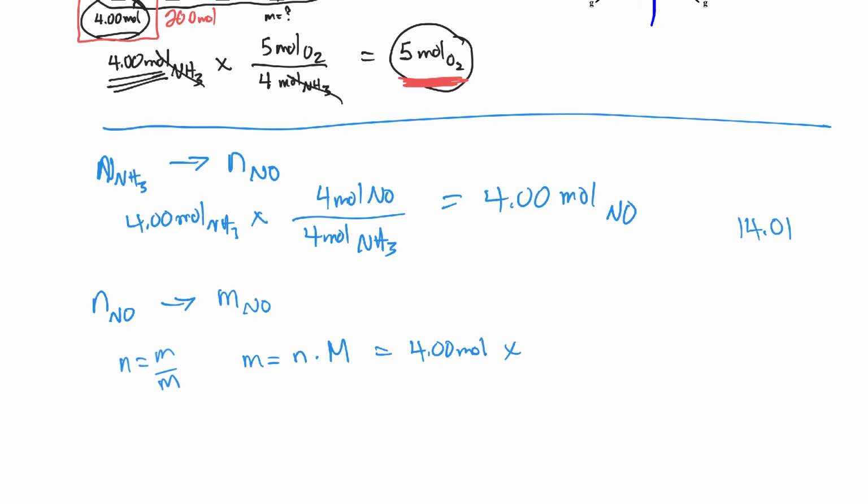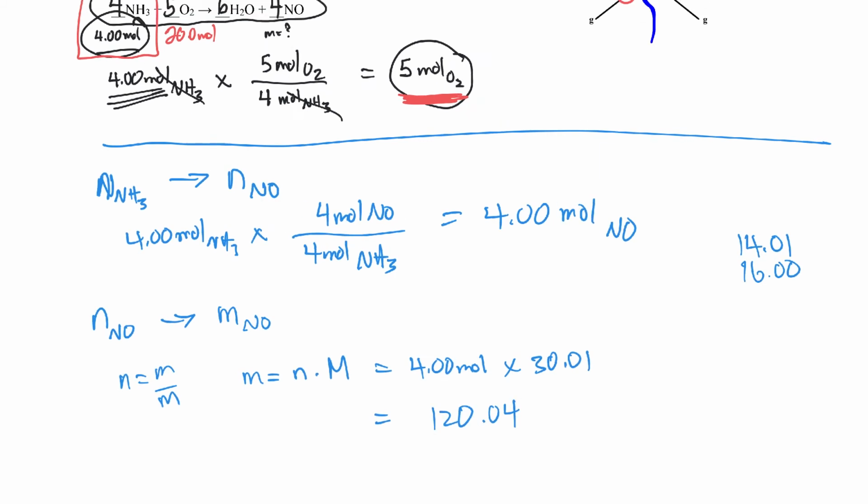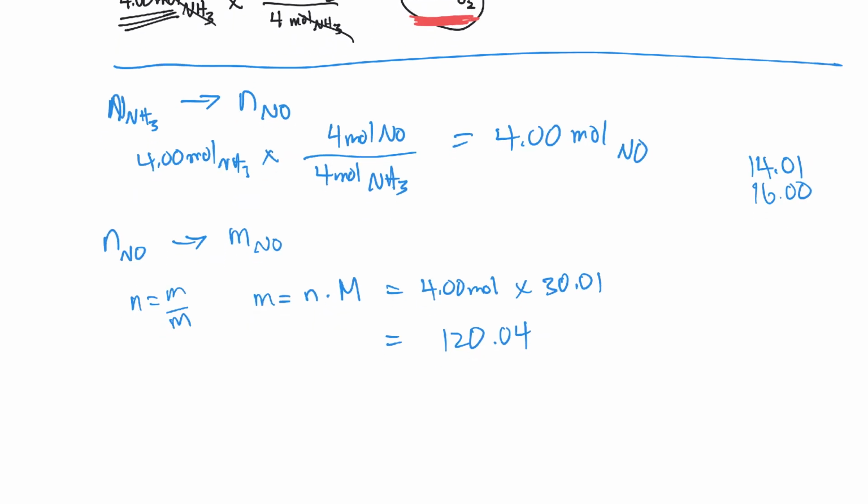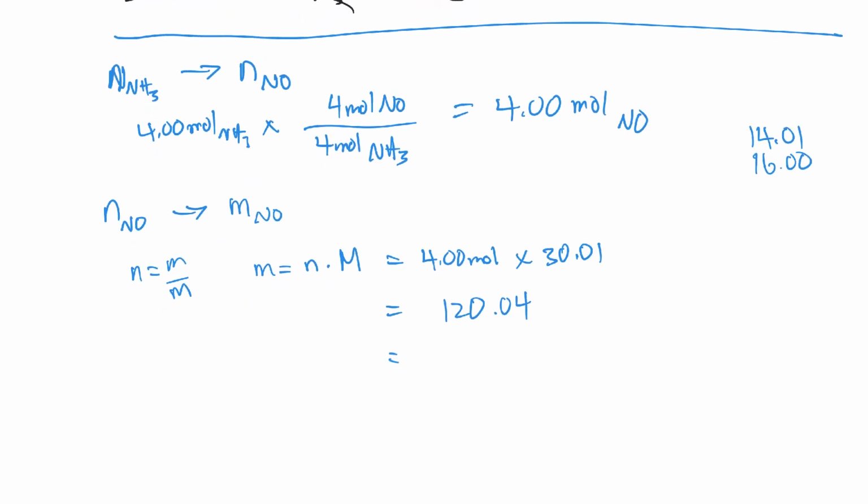Okay, nitrogen is 14 even, and oxygen is 16. Not 14 even, 14.01, I think. So it's 30.01. Okay, multiply those, I get 120.04 for 3 sig figs probably. Yeah, 3 sig figs. So my answer would be 120 grams of nitrogen oxide.